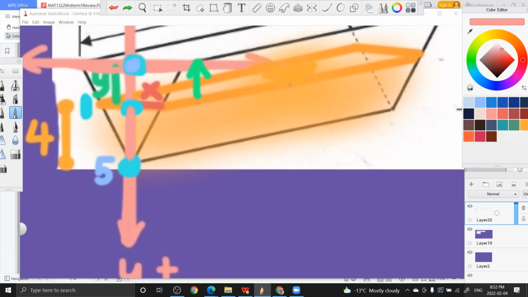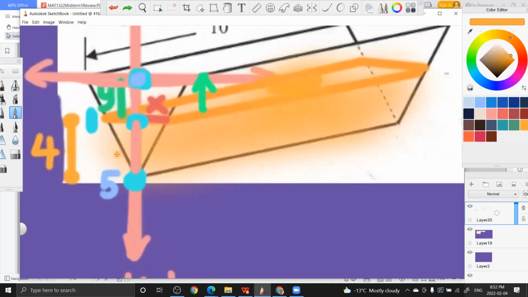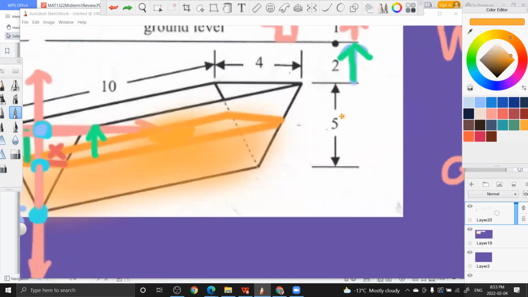Oh, you're asking why is this 1 and why is this 5? That's also very easy to understand. The problem says that the oil is filled 4 meters. Do you agree that from here to here is 4 meters? Yeah. Then we're given the height is 5.